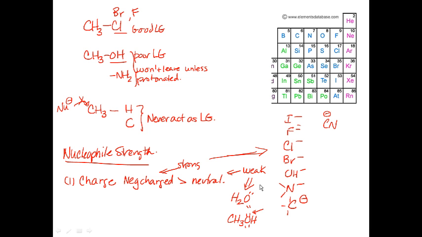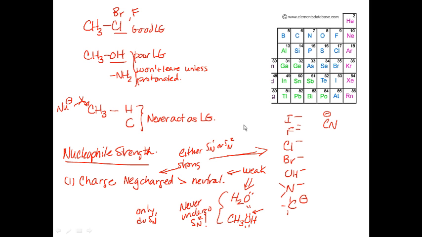Now, I didn't talk about weak nucleophiles in the SN2 section because weak nucleophiles turn out they never undergo SN2. So weak nucleophiles only do SN1 reactions. Now, strong nucleophiles can do either SN1 or SN2.